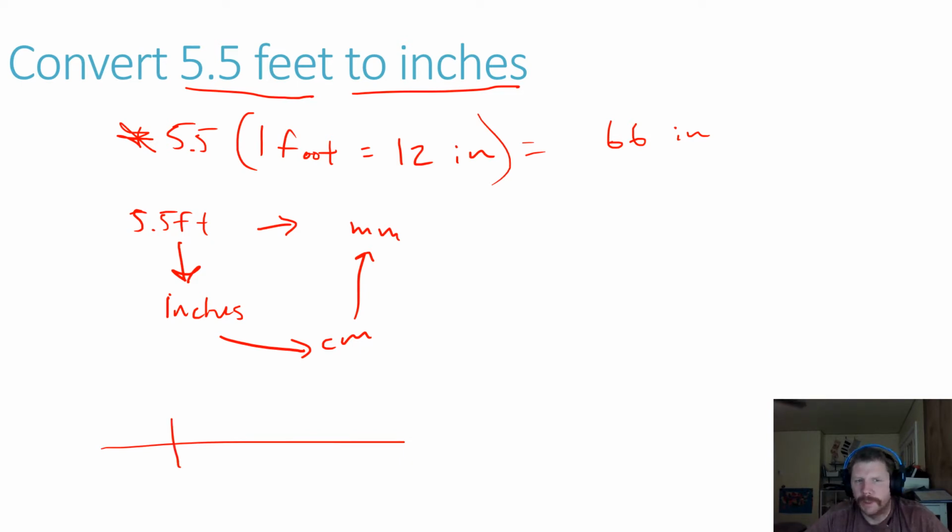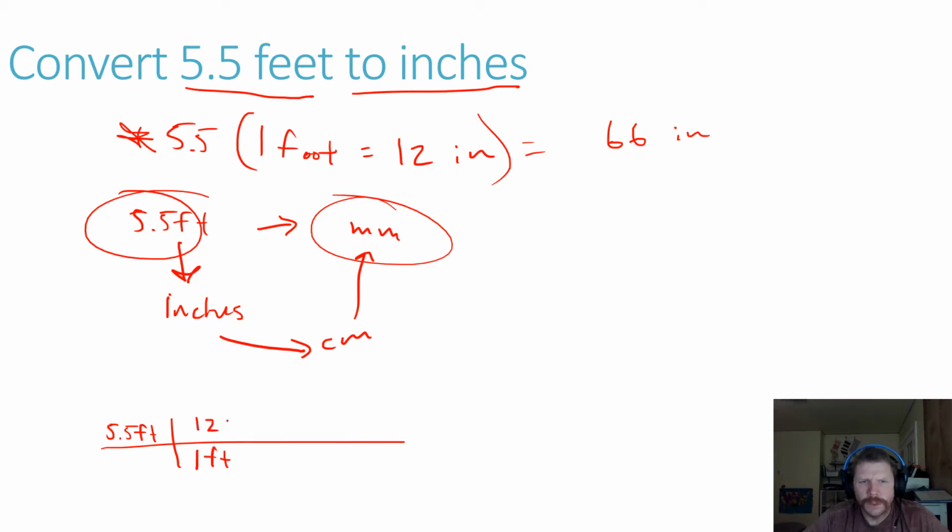So I'm going to set up the dimensional analysis problem where we're going from 5.5 feet to millimeters. The first thing that I want to do is I want to set up 5.5 feet, and then I want to convert that to inches. 1 foot is 12 inches. Okay. Now, whenever I have this, I can now omit or eliminate, I guess, the feet as units, because I've converted into inches.